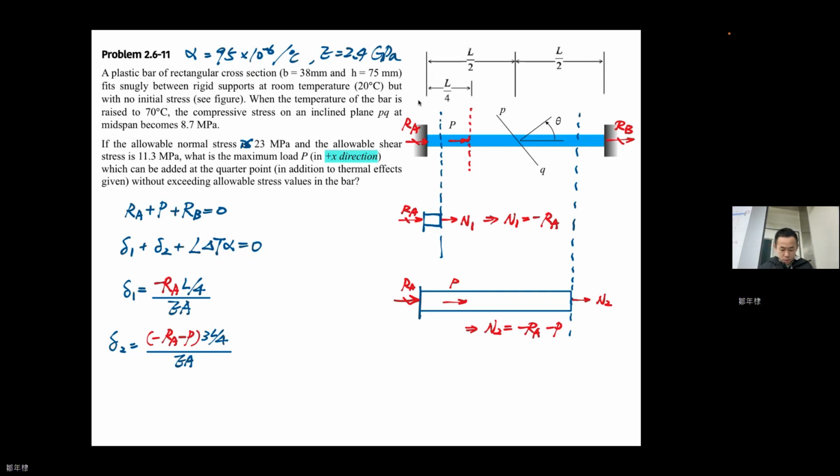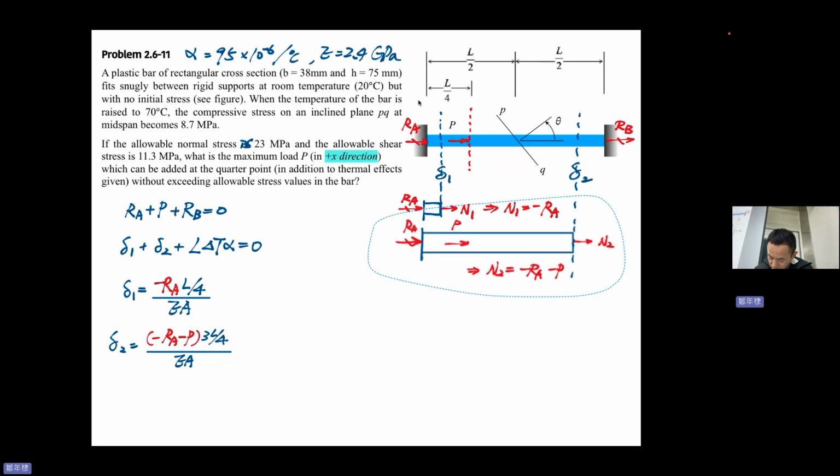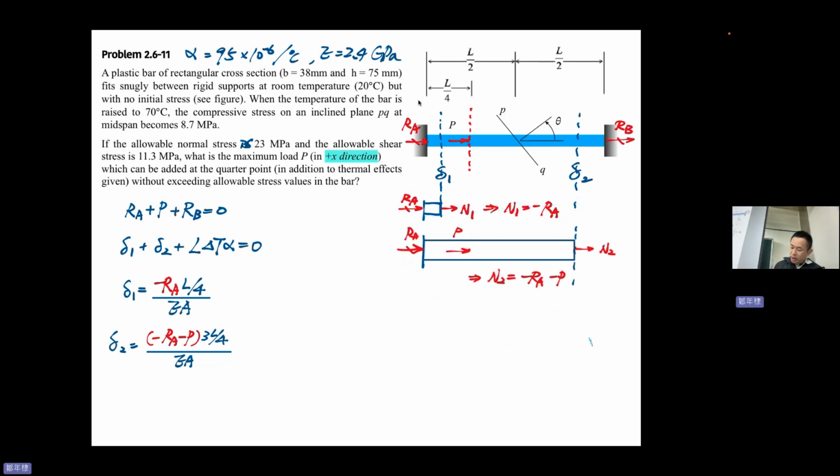Okay, right. So you should say this is delta 1 and this is delta 2. Let me save some space. Okay, that's it. So delta 1 and delta 2 and thermal.